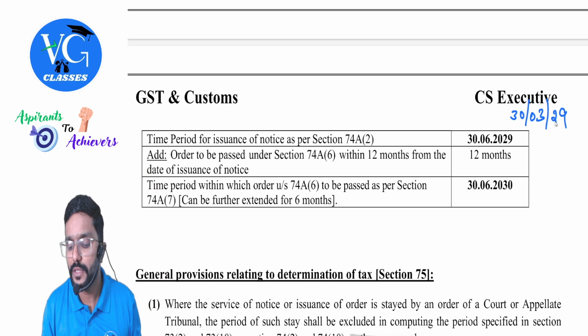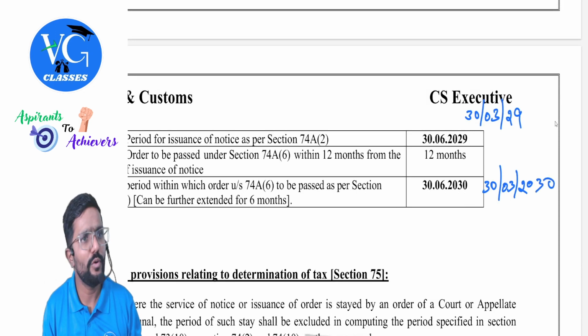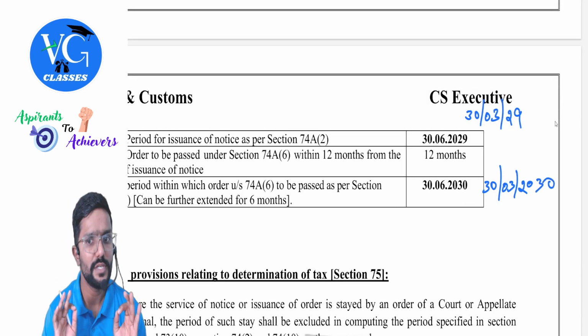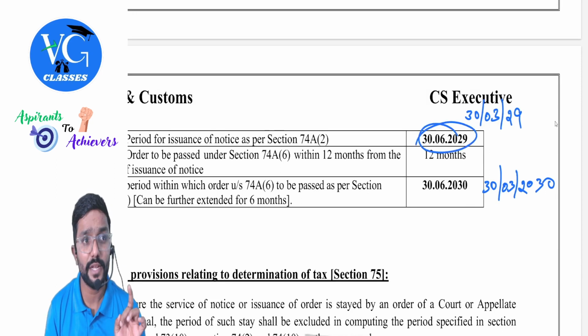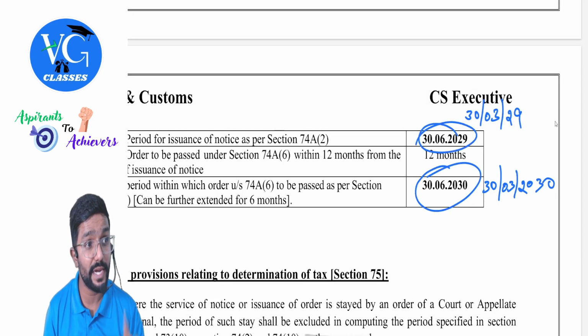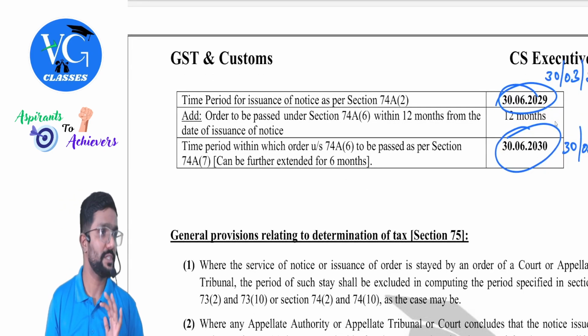So it is 30th March 2030. Hope you guys are getting it. Please be careful, this is a deadline. Obviously, the actual date can be on that date or before it.